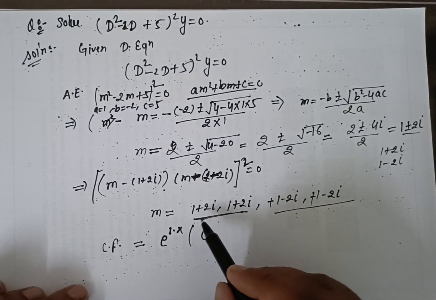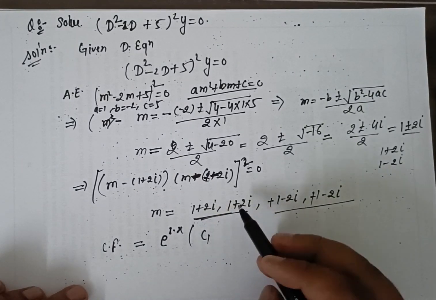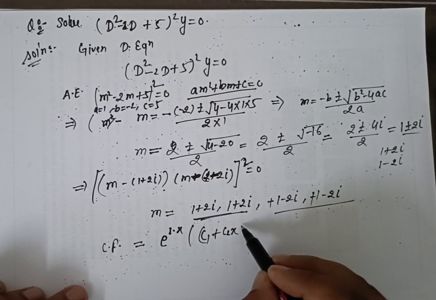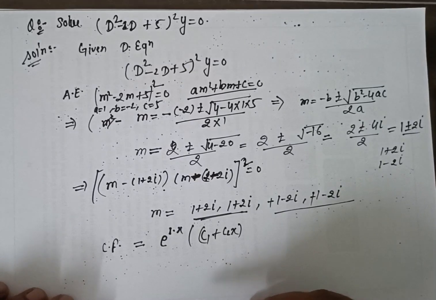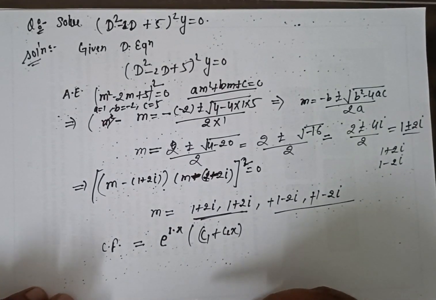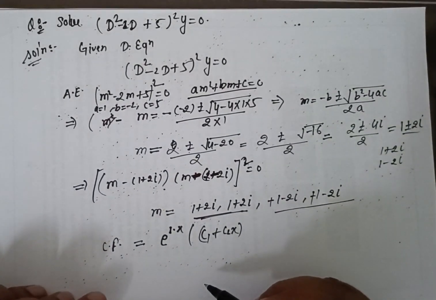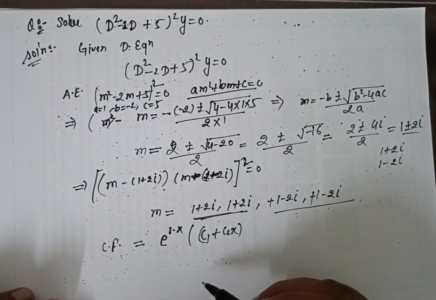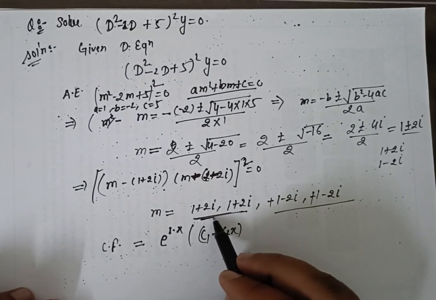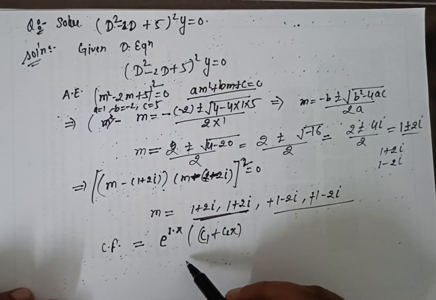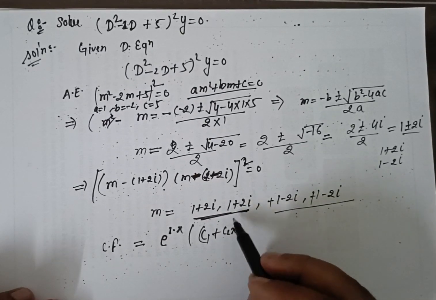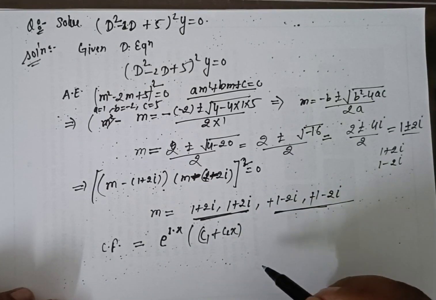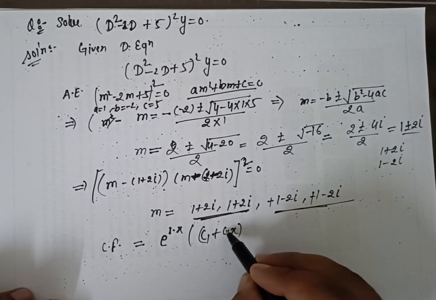Because it is a biquadratic, we should have four roots, and due to this we have two roots and due to this we have two roots.